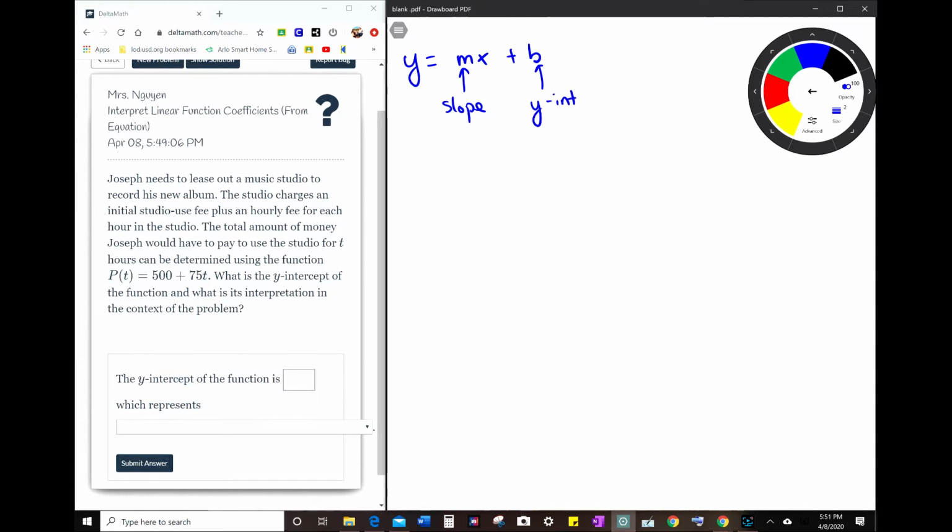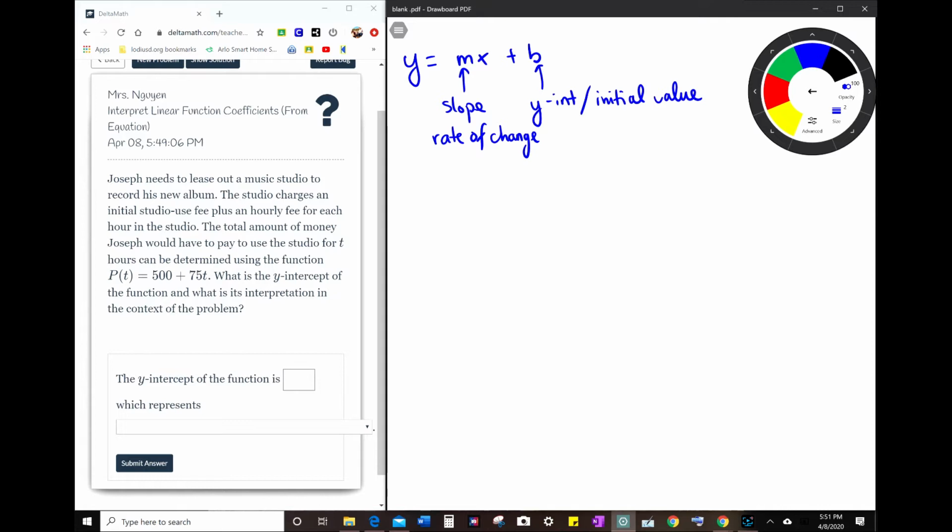But in a real life problem, slope can be read as rate of change, and y-intercept is also known as initial value, or any flat fee that doesn't change throughout the problem.